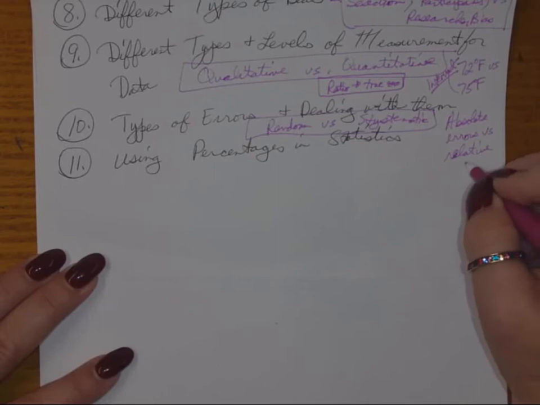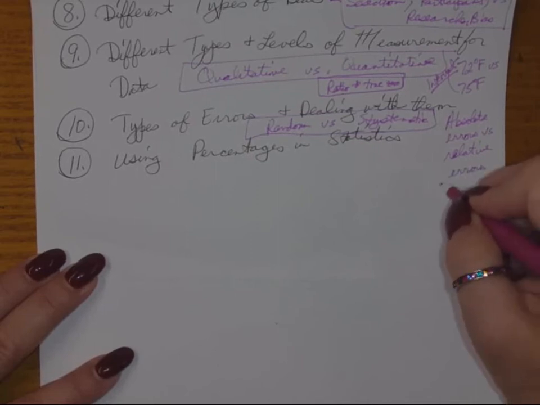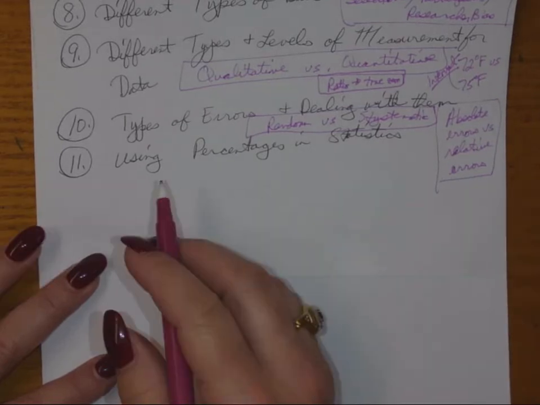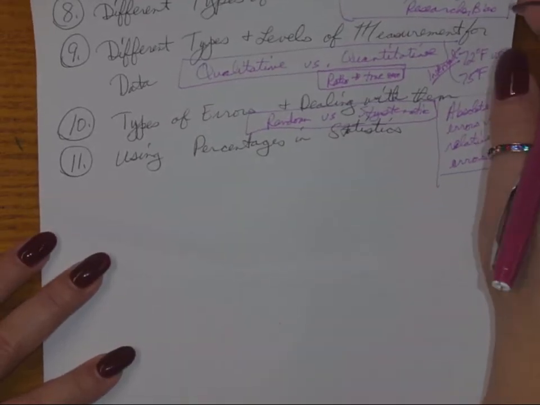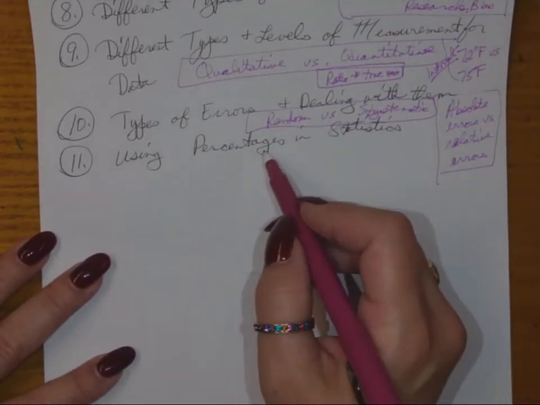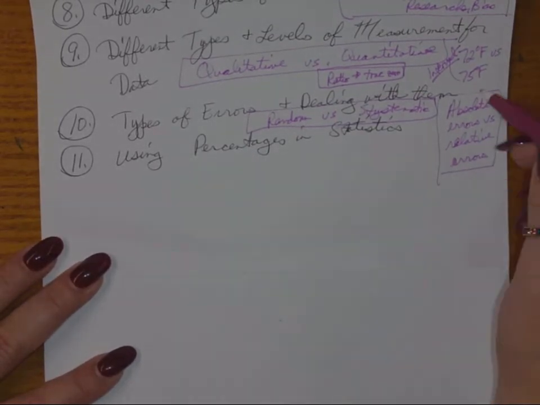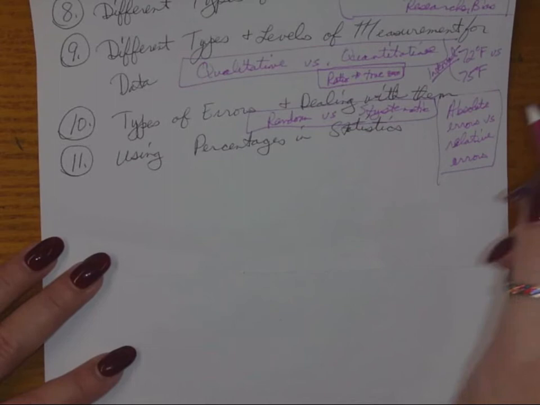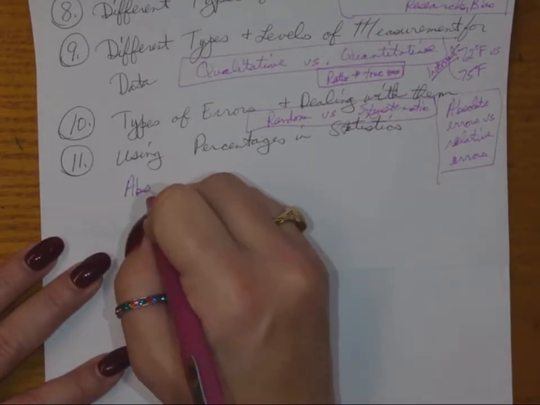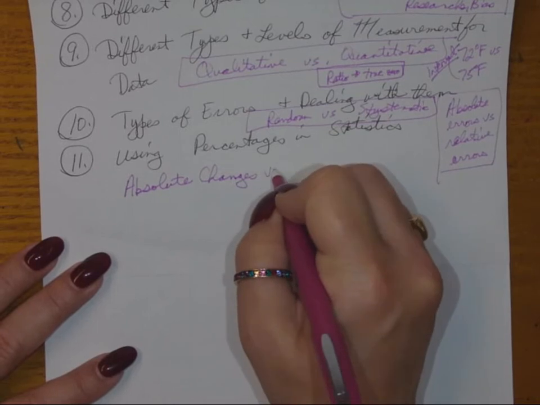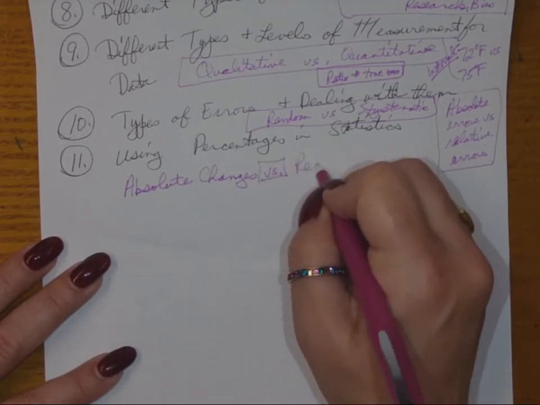Okay, so remember we started doing calculations, so go back and do that. And then the last section we talked about was using percentages and statistics, and it kind of works off of this absolute errors versus relative errors. We talked about absolute changes versus relative changes.